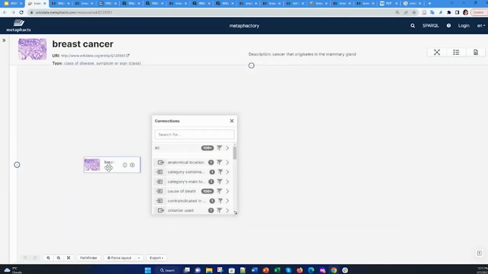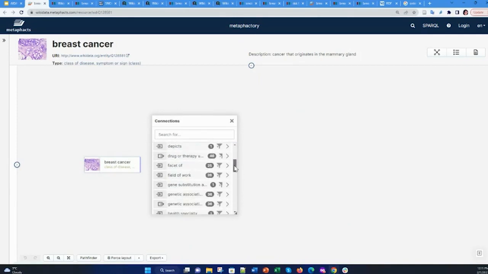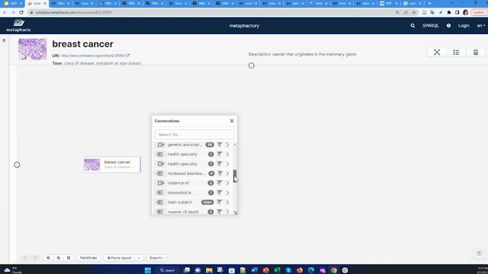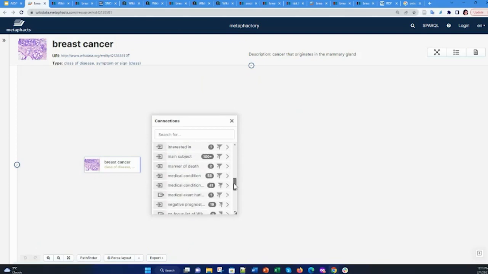Here for breast cancer, we have structured information for all of the concepts and relations which are available in our huge knowledge graph Wikidata. For instance, let's see what kind of information do we have for risk factors recorded in Wikidata.